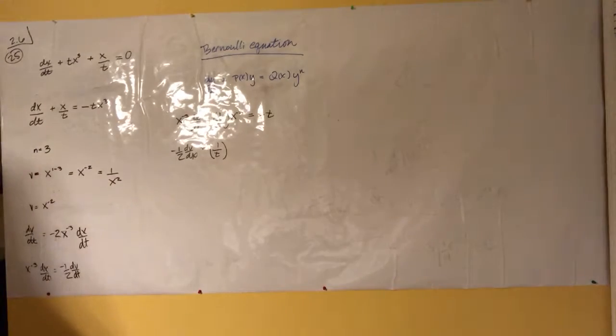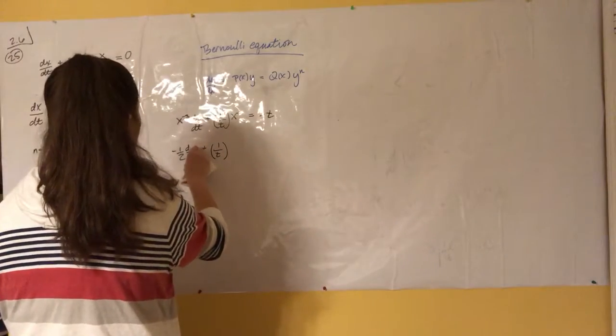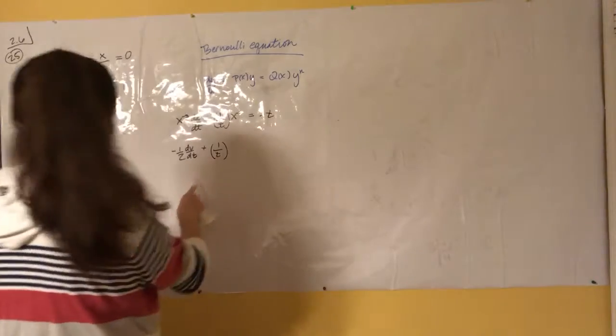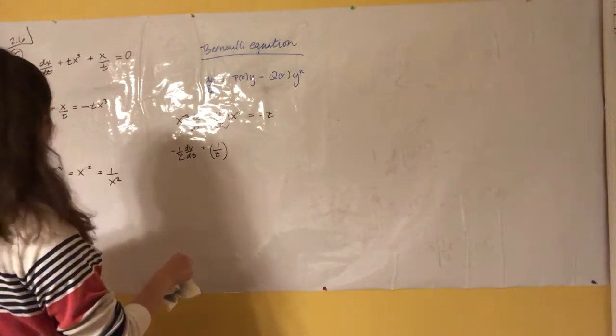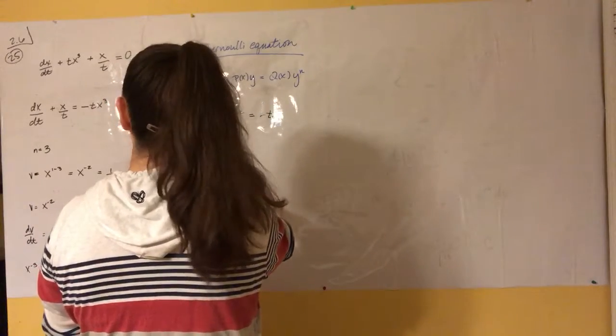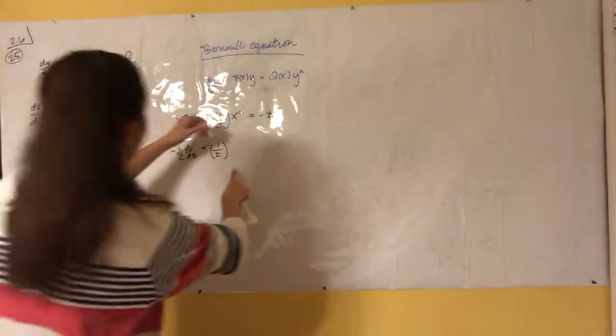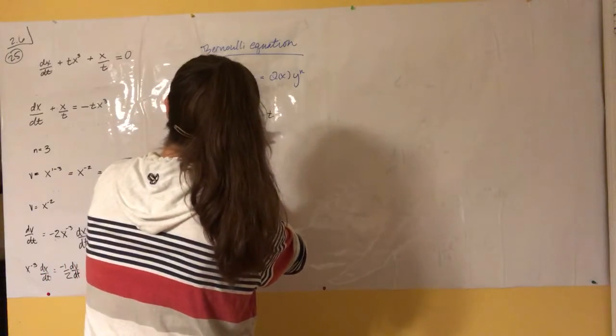Okay. And that's going to be dv/dt. Okay. And then x to the negative 2 is equal to v equals negative t.